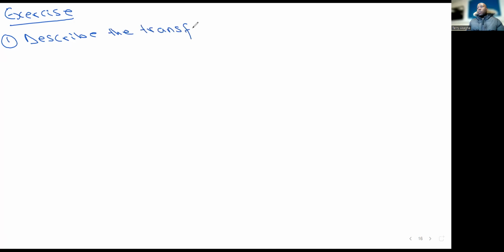So let me get this out so it will be easy to write. So we're told to describe. Okay. So number 1, we're told describe the transformation in the following function.